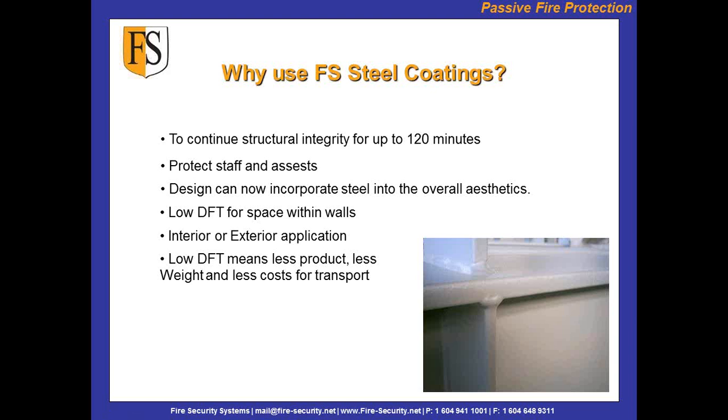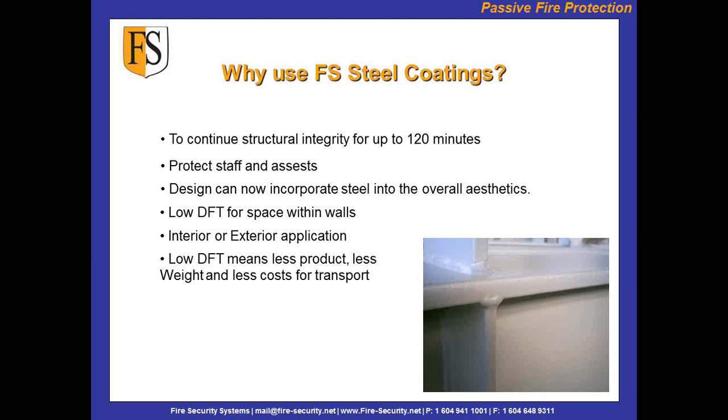Also, with the thin film, because of the low DFT, you can use it for space within walls. A lot of the time, steel is covered up, but because of the square footage or the square meterage of rooms and everything else, basically the drywall or the board has got to be pressed up against the steel.